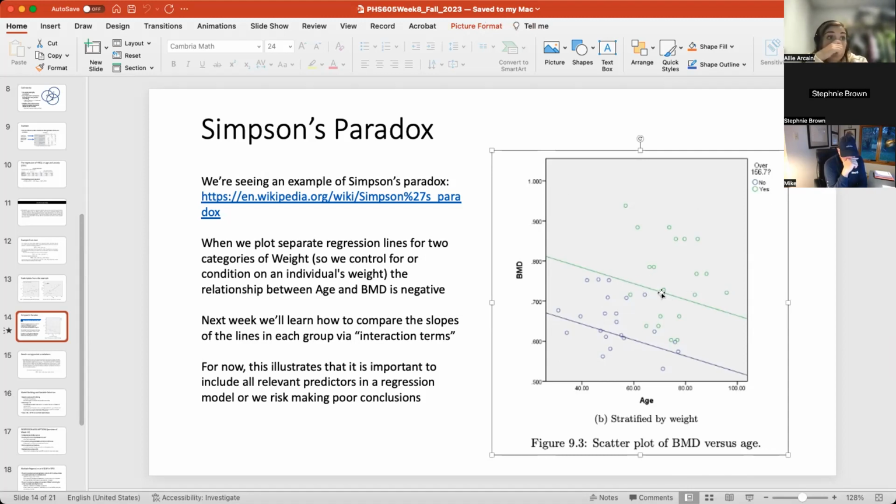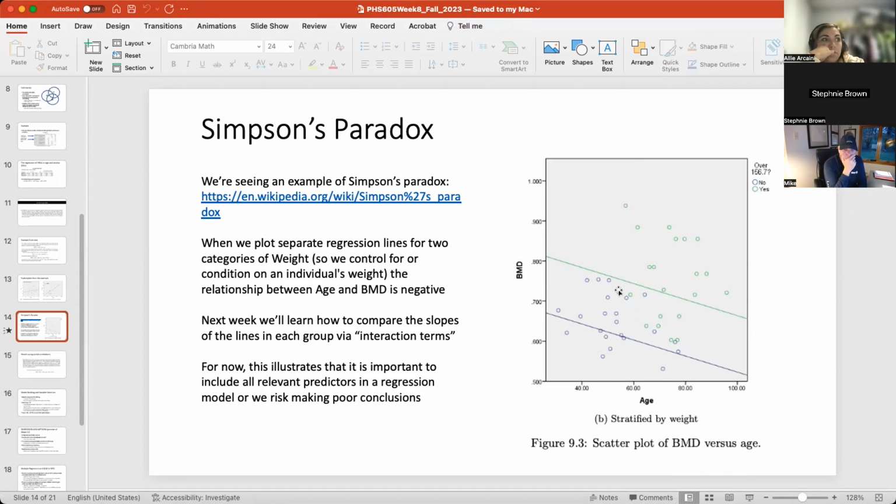Here, we're attempting to graph it in three dimensions. So we're basically looking at the age-BMD relationship for two different settings of this weight variable, because it wasn't a grouping variable. If we simply have a grouping variable, then it's easy. We just separate the cases in groups and see if the regression lines are parallel or not. So we'll talk about that more next week.